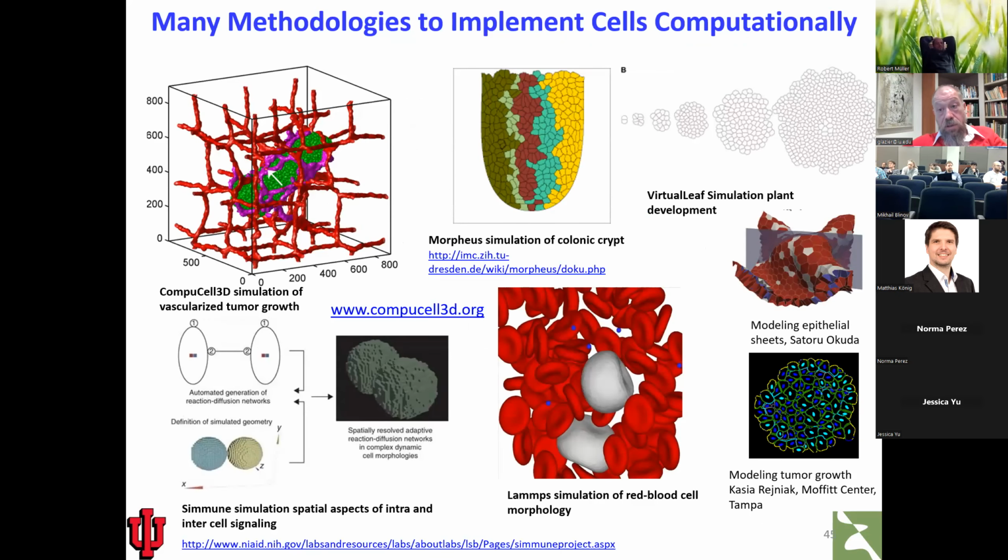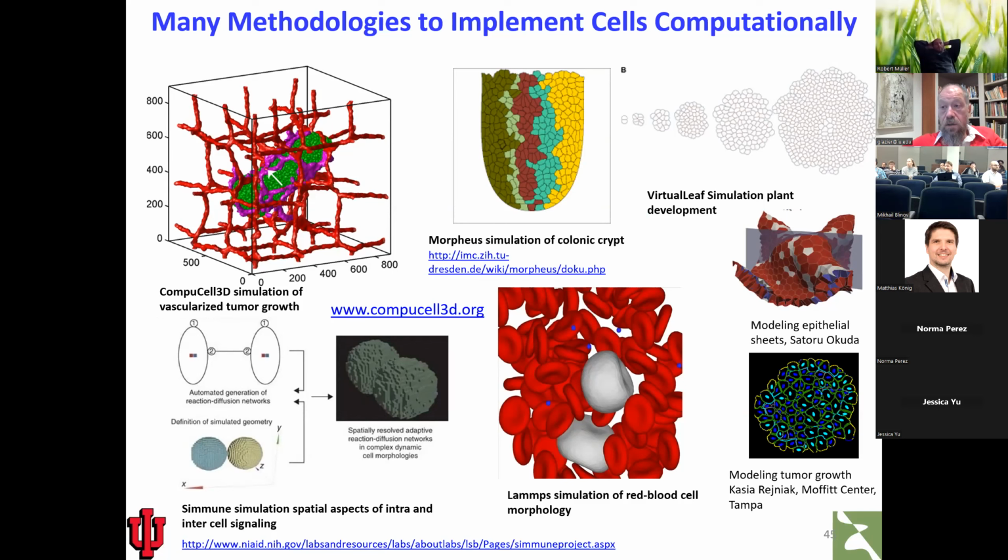That's on the biological side. On the computational side, we have different methodologies to implement the concept, for example, of a cell. We can have a cellular Potts model approach. We can have finite element approaches. We can have vertex model approaches. We can have higher, coarser grained cellular automaton approaches.